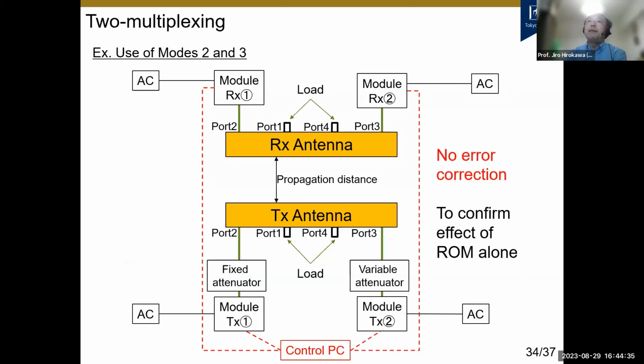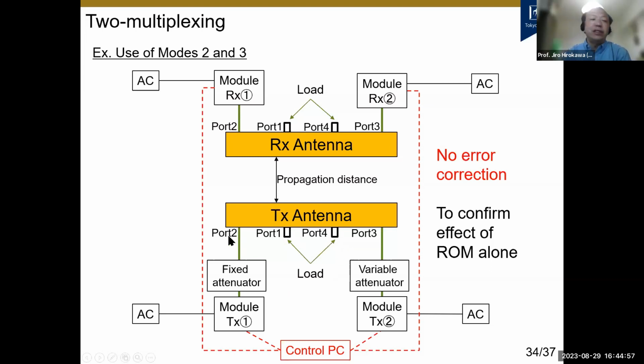And we have the 2 multiplexing measurements. Both RX and TX antennas actually have 4 ports in total, but currently we use 2 of the 4. The other 2 ports are terminated by loads.